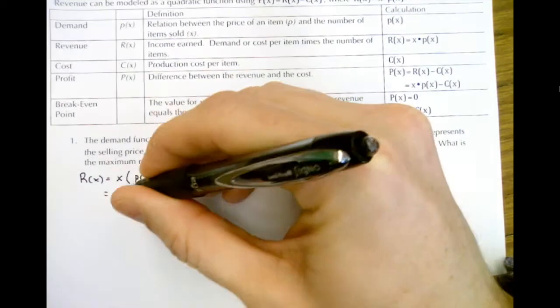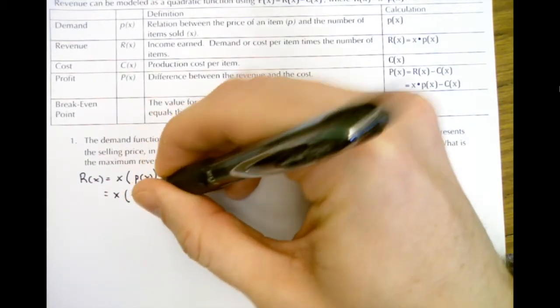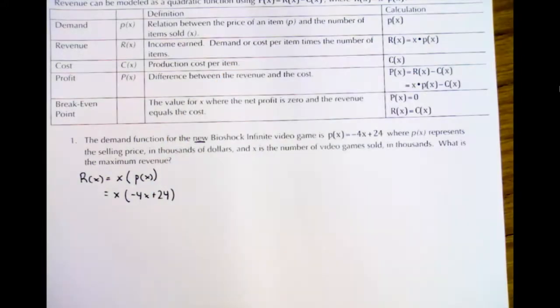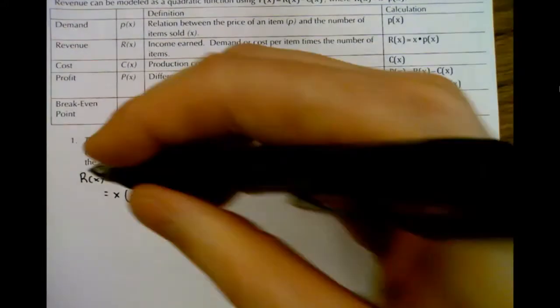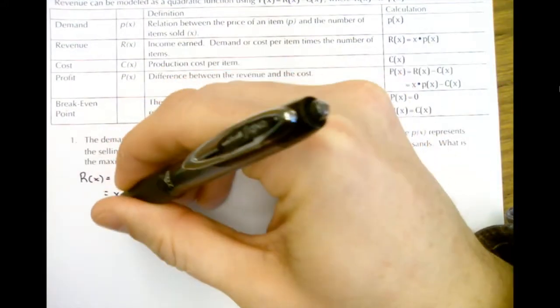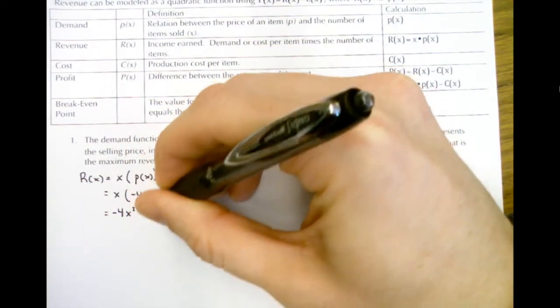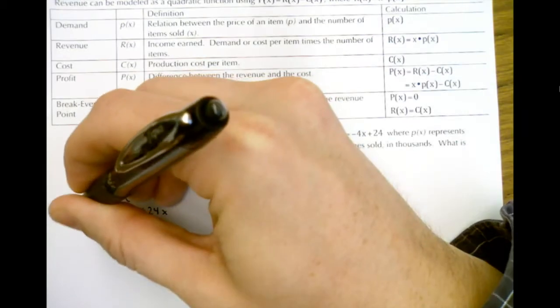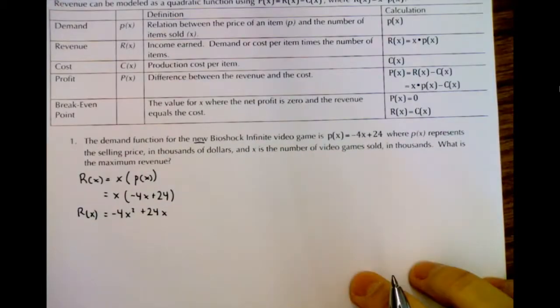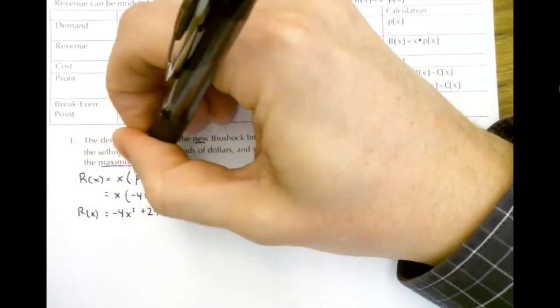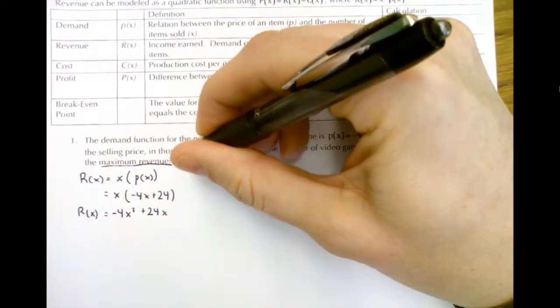Number sold times price is x times negative 4x plus 24. And if we expand and collect like terms, we end up with a revenue equation that is negative 4x squared plus 24x. And there's our revenue. Since we want to find the maximum revenue, we want to find the vertex.